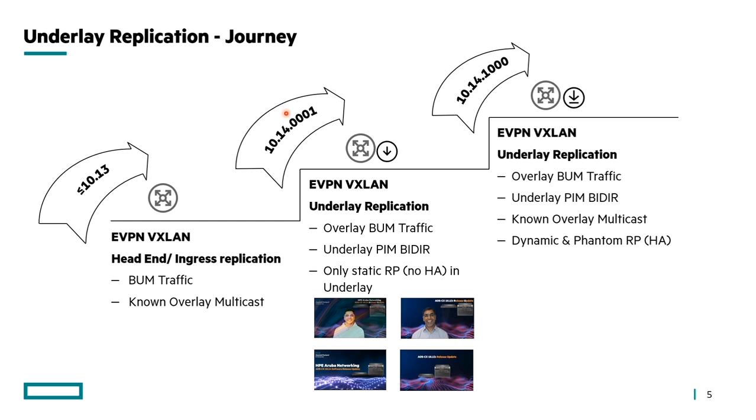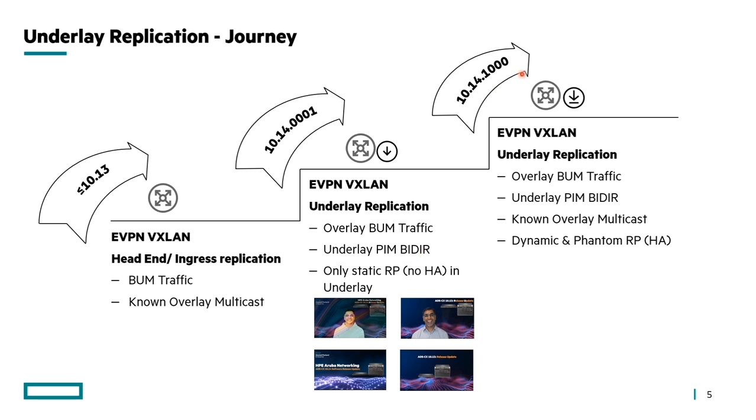Then moving on to 10.14, we introduced underlay replication, and that was for broadcast, unicast and multicast traffic, and we used PIM bidirectional for that in the underlay, and PIM bidirectional supported a static RP at that time. You can see these updates in our ABC channel covering this.